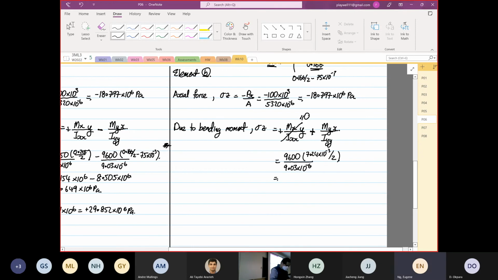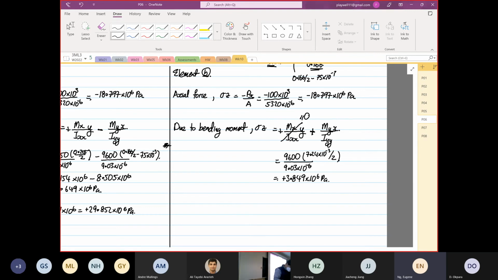So this will be equal to 9600 multiplied by 7.24 to the power minus 3 divided by 2, divided by 9.03 to the power minus 6, which is equal to positive 3.849 times 10 to the power 6 Pascal. Let me do it again: 7.24 to the power minus 3 divided by 2, times 9600, divided by 9.03 to the power minus 6, equals 3.849.